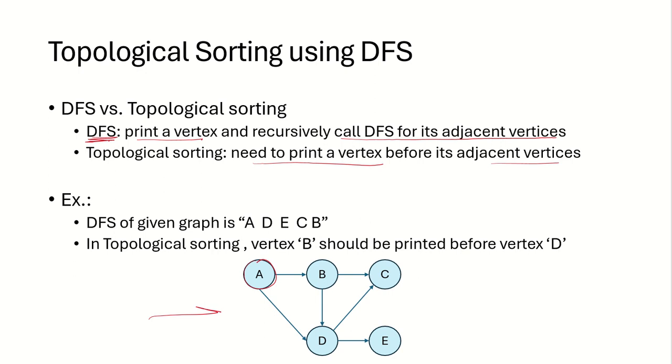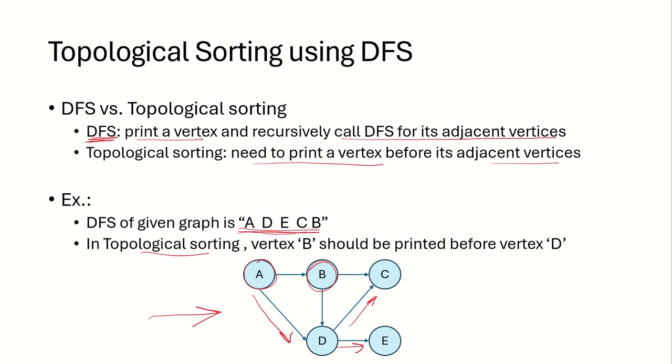But in topological sorting, we need to print a vertex before its adjacent vertices. So if this is a graph, one of the possible DFS options is A, D, E, C, B. So we go from A to D, then to E, we backtrack and then we can go to C and then finally we can add B. So this is the DFS for this particular graph, one of the possible options.